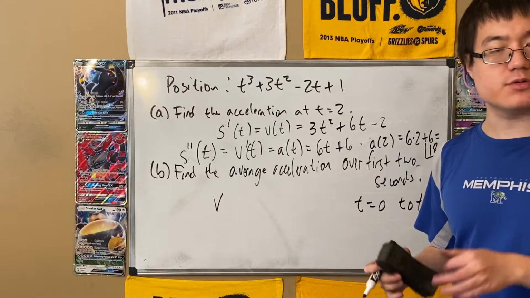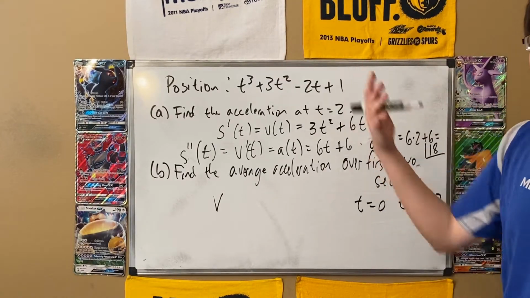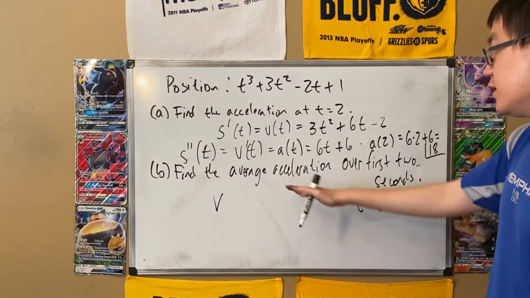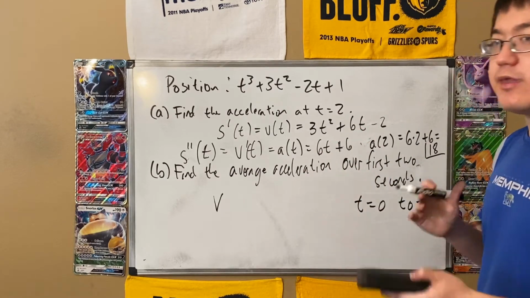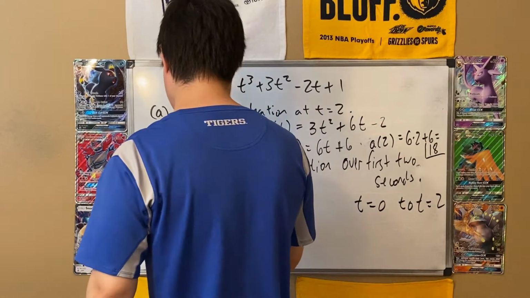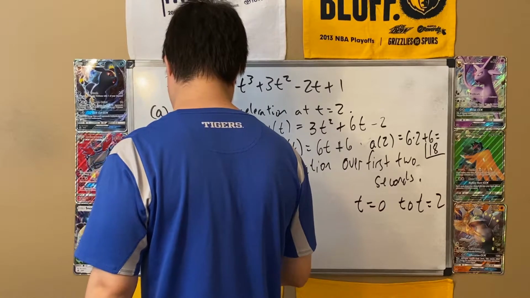That's the first 2 seconds. And these are going to be our y2 minus y1 over x2 minus x1, because the y's are going to be velocities, because acceleration is the rate of change of velocity, and then our x's are going to be t's. So in this case, it's just going to be v of 2 minus v of 0 over 2 minus 0.